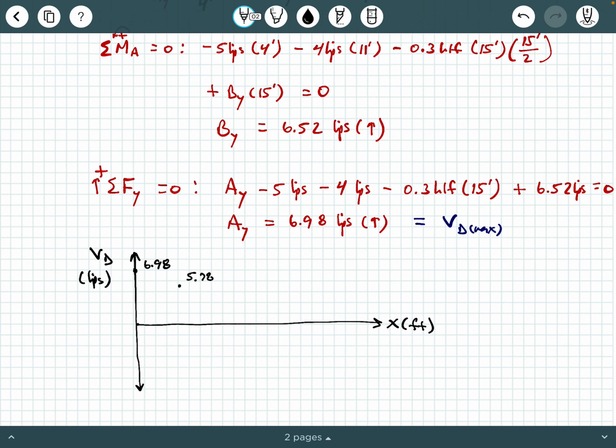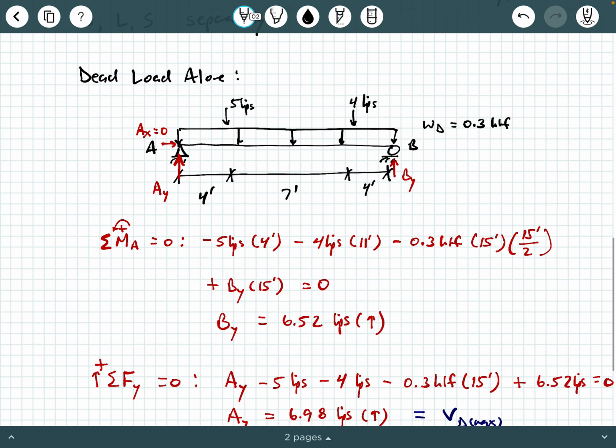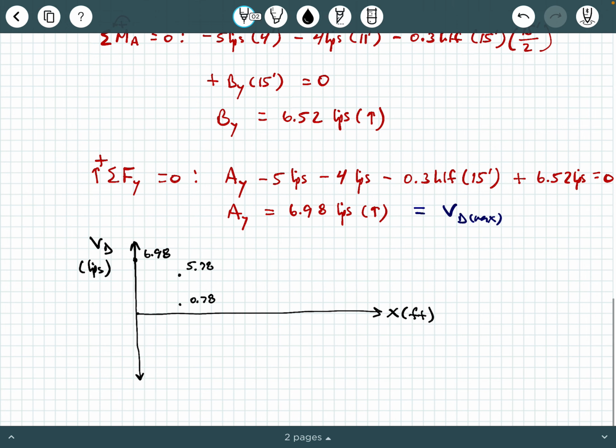And then we encounter that 5 kip point load, which pushes us down to 0.78. And then we have another distributed load segment over a 7-foot length, which will then push us down to negative 1.32. We hit that additional point load, which then pushes us down to negative 5.32.